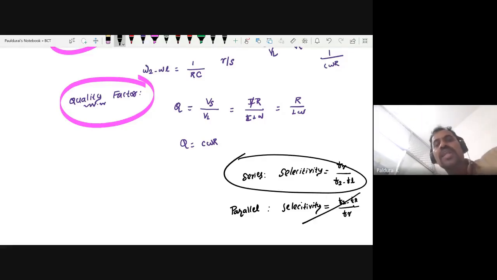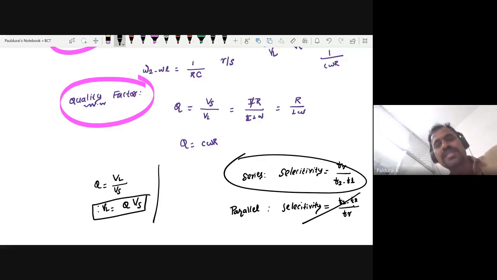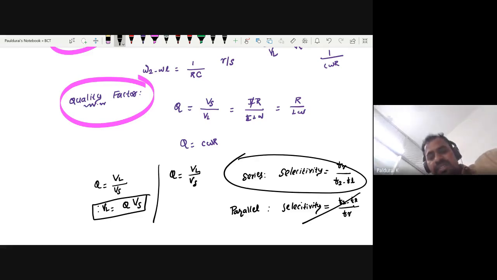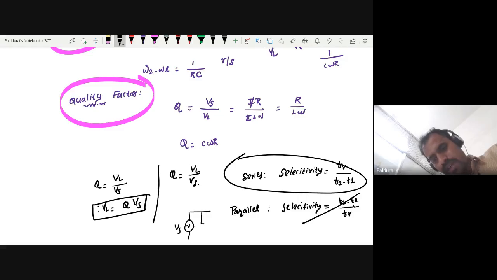So from the selectivity point of view both are same. But for quality factor, in series circuit you are applying some voltage and the voltage is dropped. So at that time you can go with this formula, VL by Vs. Therefore what is my VL? It is Q times Vs, the applied voltage. But in parallel circuit, will it be valid? In parallel, you are applying some voltage Vs. What is the voltage drop across the inductor?